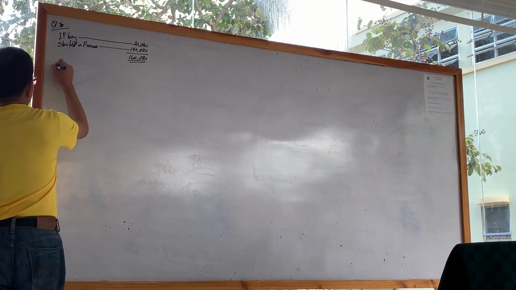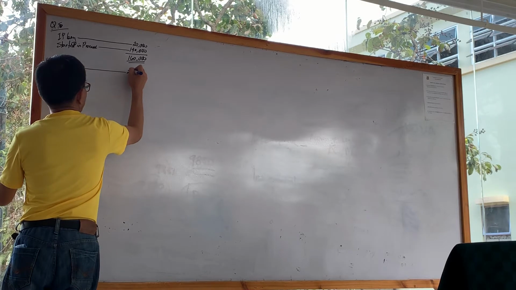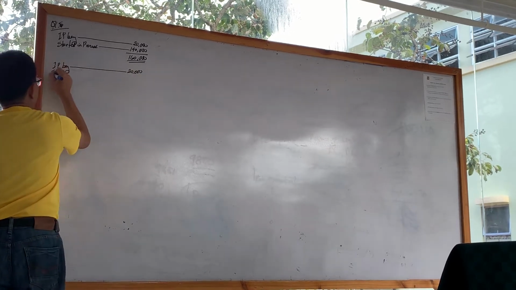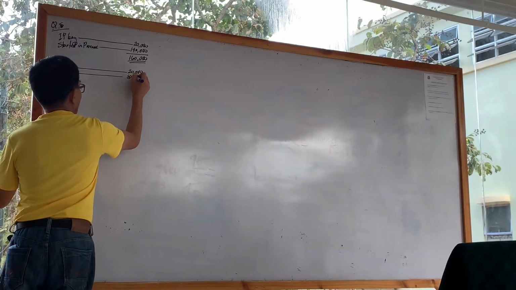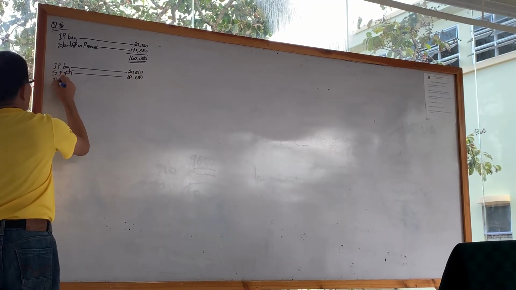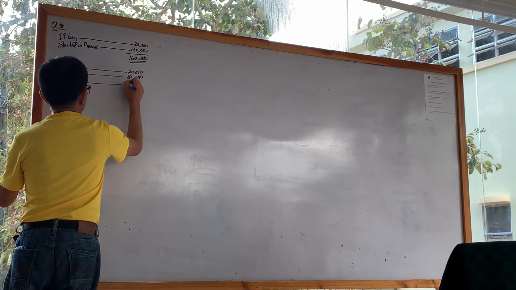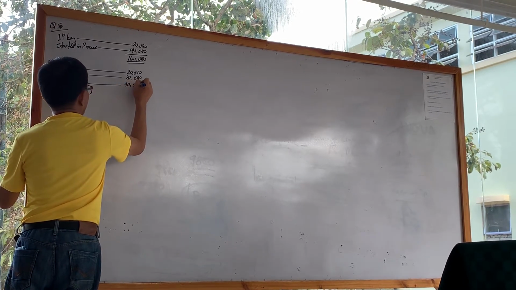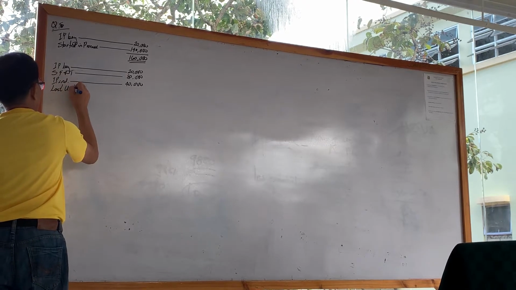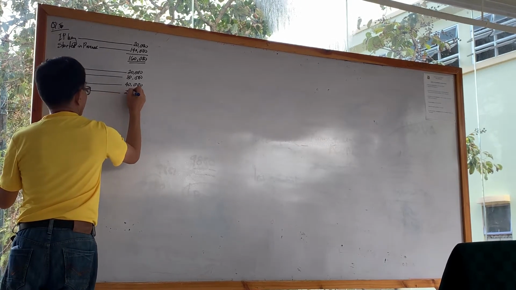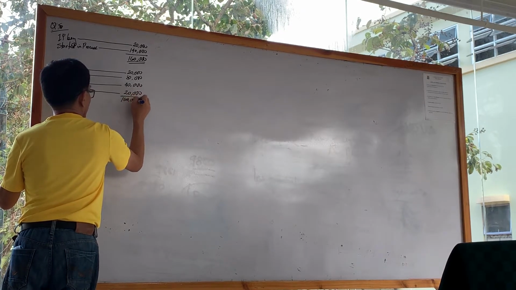Accounted as follows. In process, beginning, 20,000. Started, finished, and transferred, 80,000. In process, ending, 40,000. And lost units, 20,000. Total, 160,000.